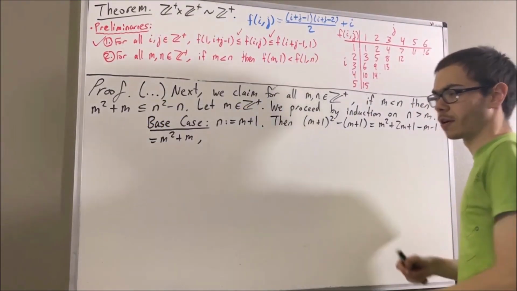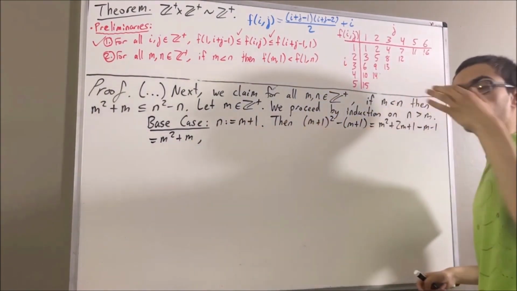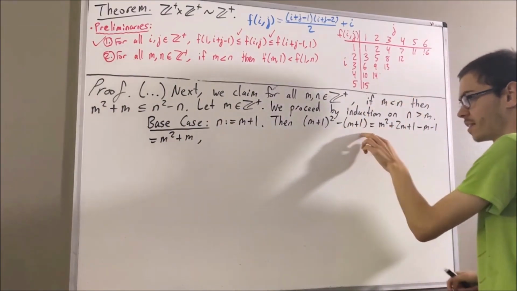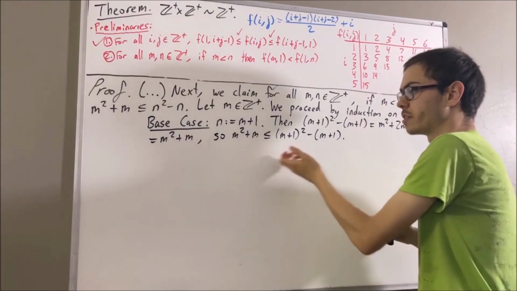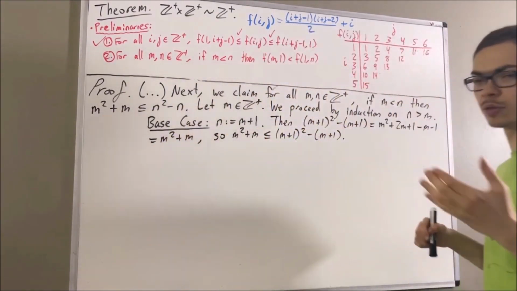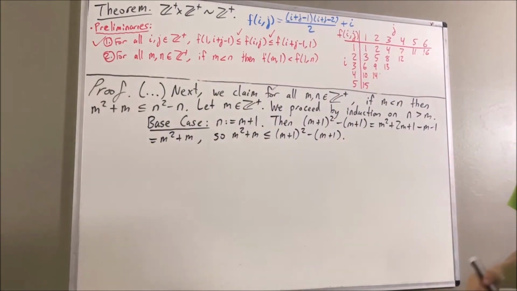So what have we shown here? We've shown that this is equal to this, which implies that this is less than or equal to this. So what this means is we have proven that this is true in the case where n is equal to m plus 1. So this completes the base case. Now let's move on to the induction step.